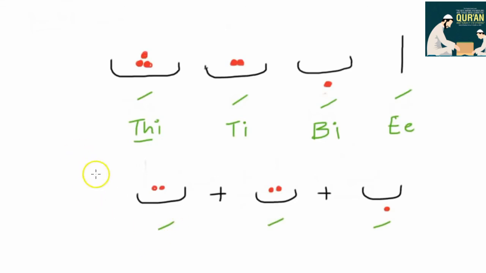And let's say we change this into 3 dots. How would we pronounce this? We say bi, thi, ti. Okay, so let's have a go now at trying to use other symbols, or the fatha symbol we learnt last week, and trying to apply that to this.